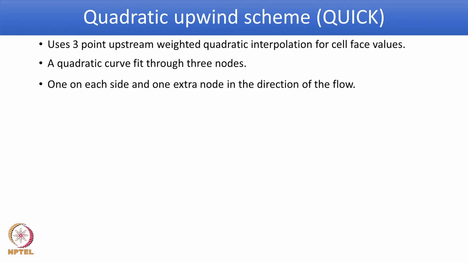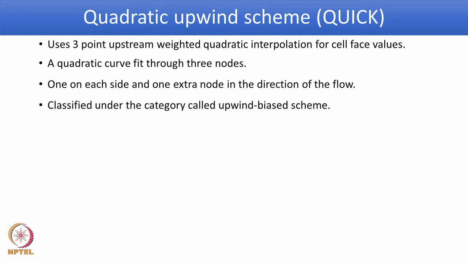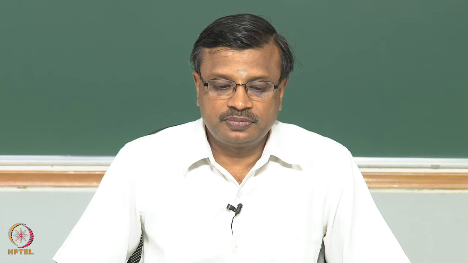One node on each side for a particular face and one extra node in the direction of the flow. Because one node extra is taken in the direction of the flow, this also can be classified under what is known as an upwind biased scheme.